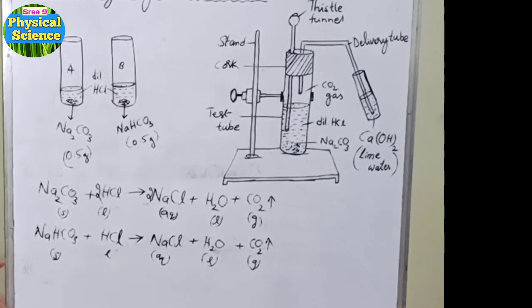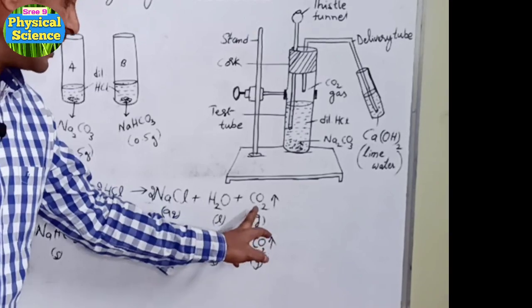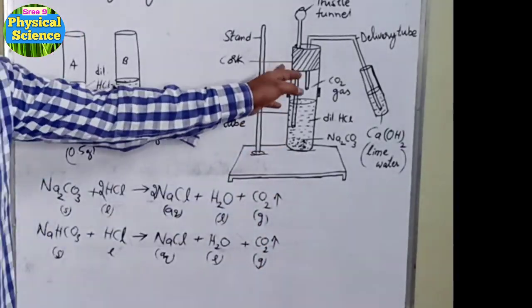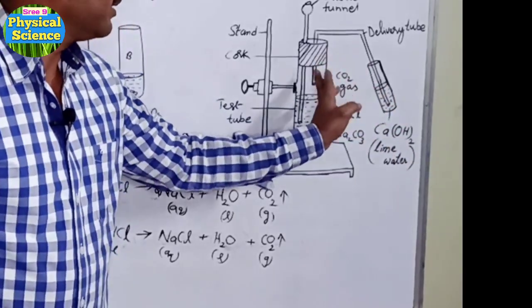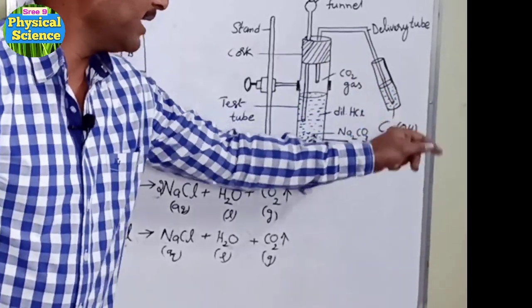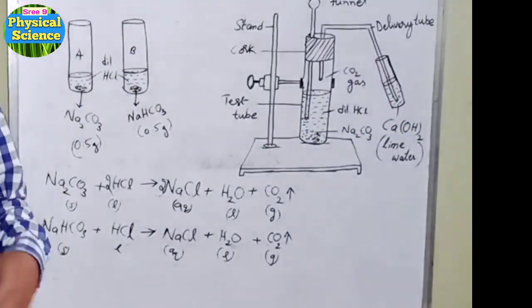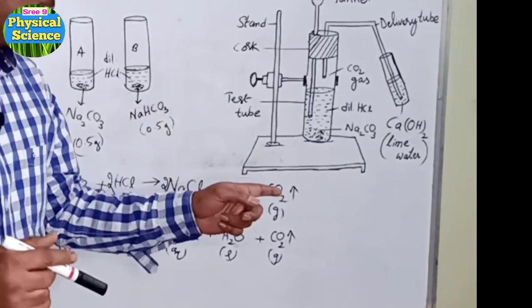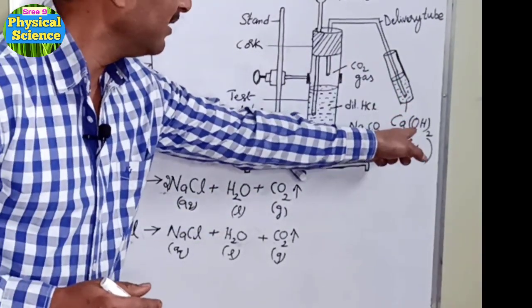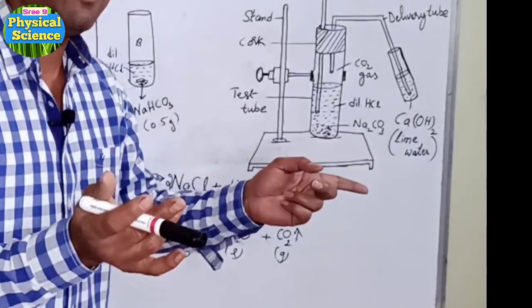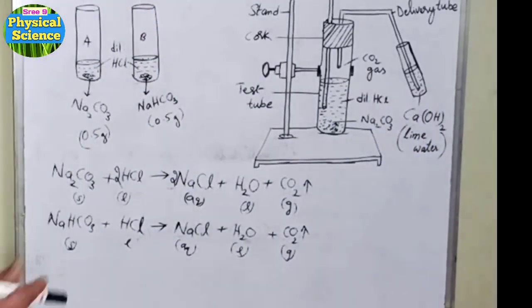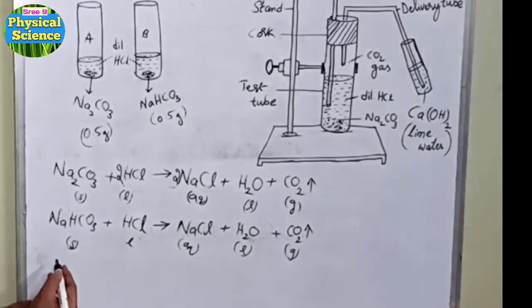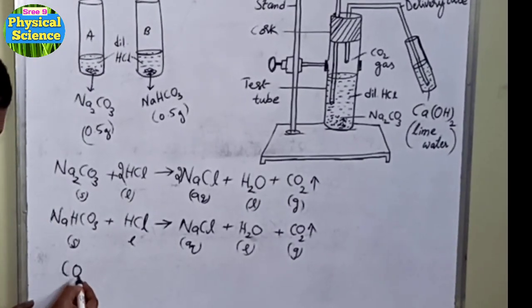Then what we did, the carbon dioxide gas which is produced is passed into the lime water, right? Then we have to write the equation for the reaction taking place between carbon dioxide and calcium hydroxide. Now I am writing that. So what we have passed?